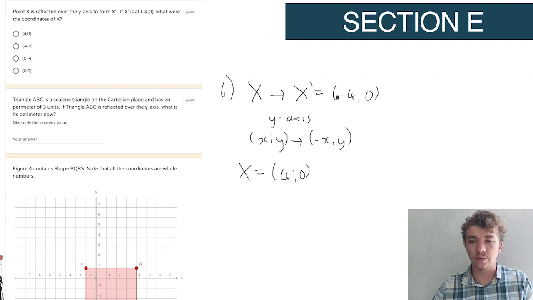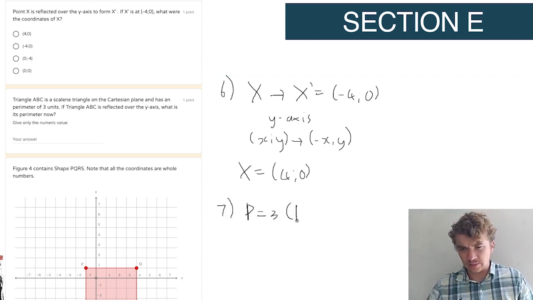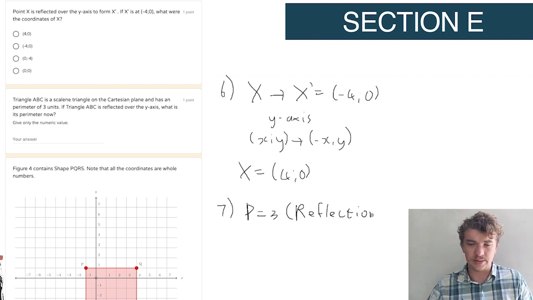It's congruent to the original. So we know that the perimeter is still equal to 3 because reflections, rotations and translations do not change the properties of the shape.